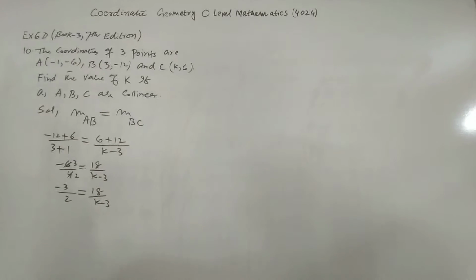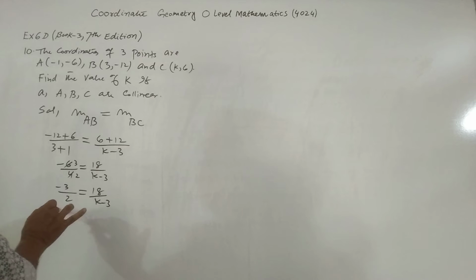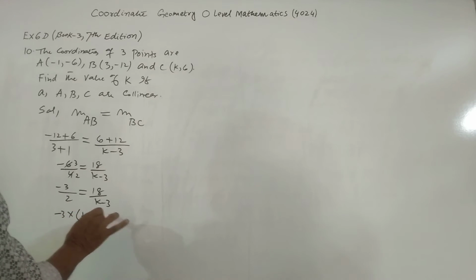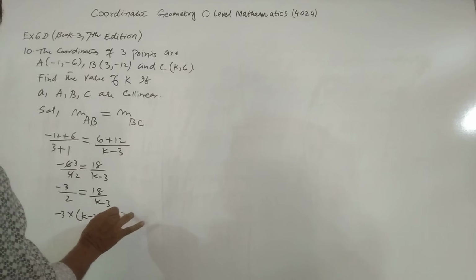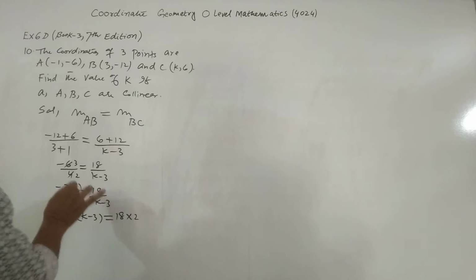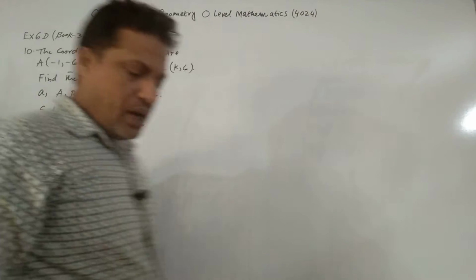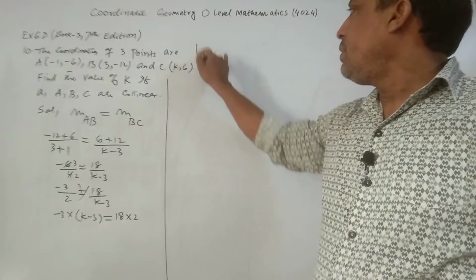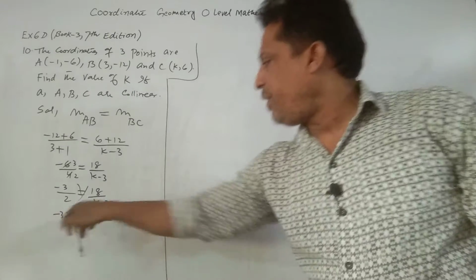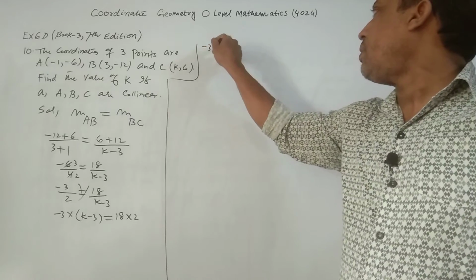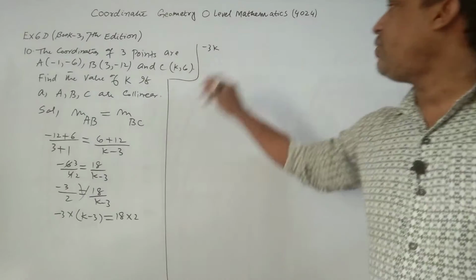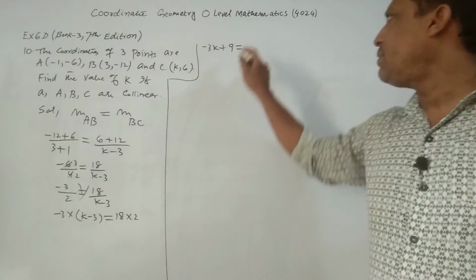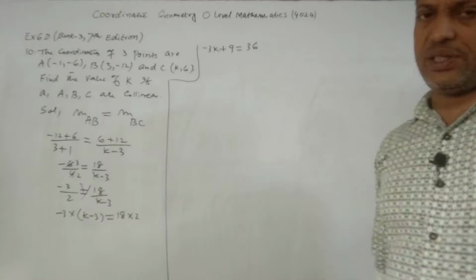-3 over 2 is 18 over k minus 3. Cross multiply. -3 multiplied by (k minus 3) equals 18 multiplied by 2. This is cross multiply. Now see the remaining work. -3 into k is -3k, -3 into -3 is plus 9. 18 times 2 is 36.